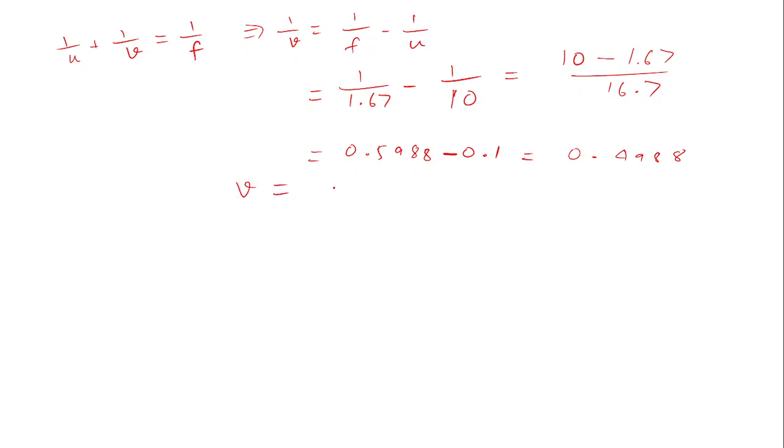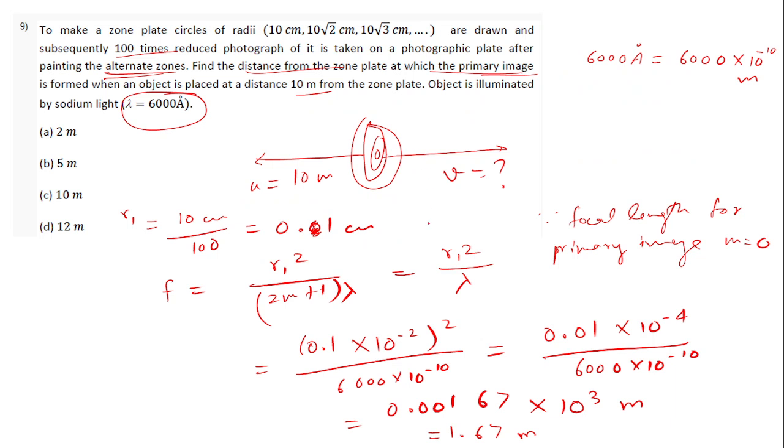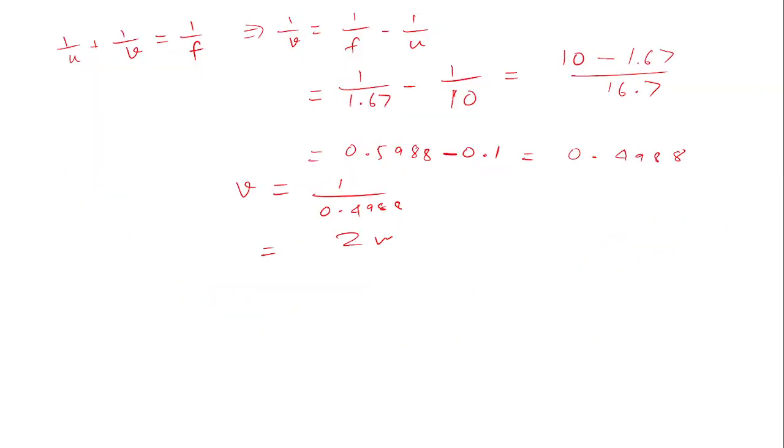So we will be taking the inverse of this. We will be getting, did we do some mistake? 1 over F was correct. So 1 over V will be 1 over 1.67 minus U is 1 over 10.